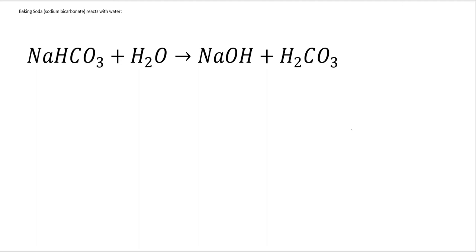The first reaction is as we see here. The first reaction is when baking soda, otherwise known as sodium bicarbonate, reacts with water, and when it does, it creates some sodium hydroxide, a base, and some H2CO3, also otherwise known as carbonic acid, or hydrogen carbonate.